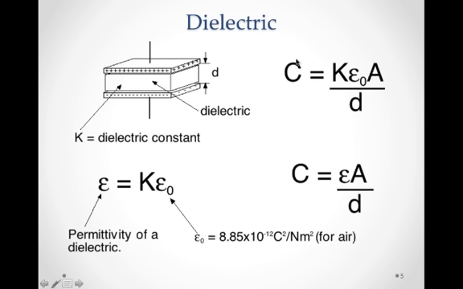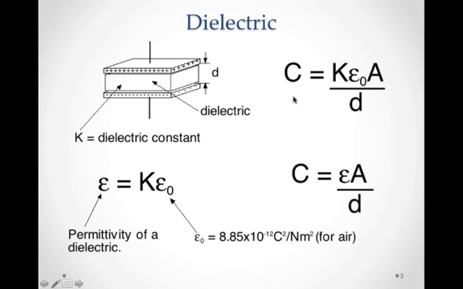actually increases the capacitance. So dielectrics, the materials here, they have a value called the dielectric constant, and that tells you how many times more they will concentrate the electric field than if it were just in a gap with air between the two plates.